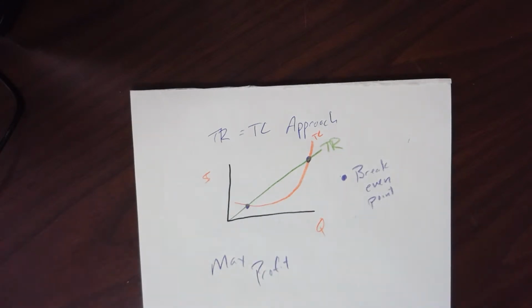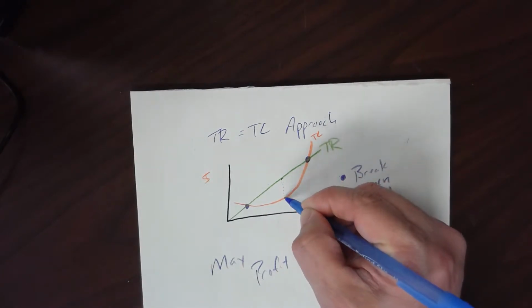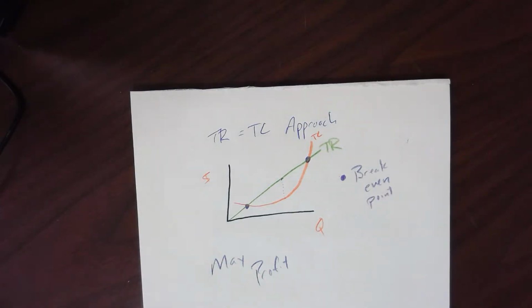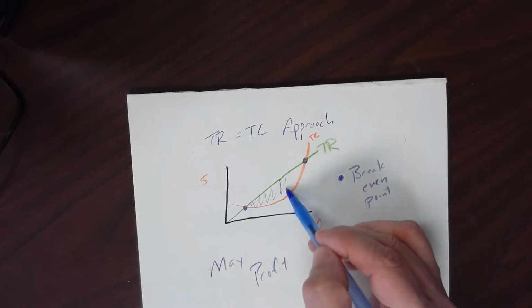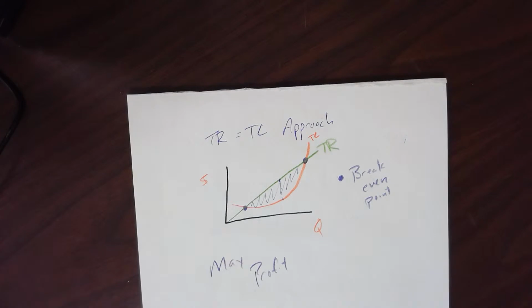And if we're going to maximize profit, we need to be at the point where we are furthest away here. All of that would be your maximum profit, right? Matter of fact, all of this is profit, but the point in which you're furthest away is the profit. Now, you can still function if you are at the break-even point. You don't want to be losing money, obviously, but that is the one way we can look at it.